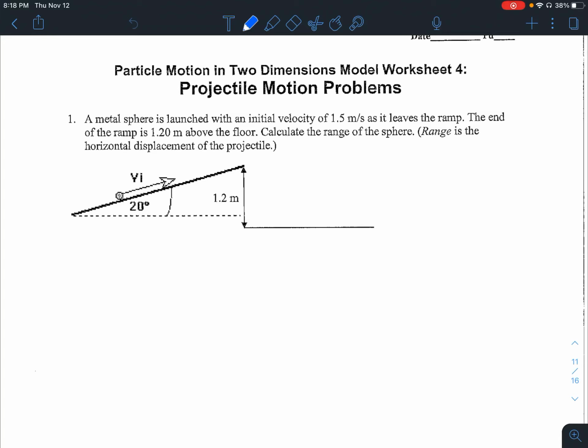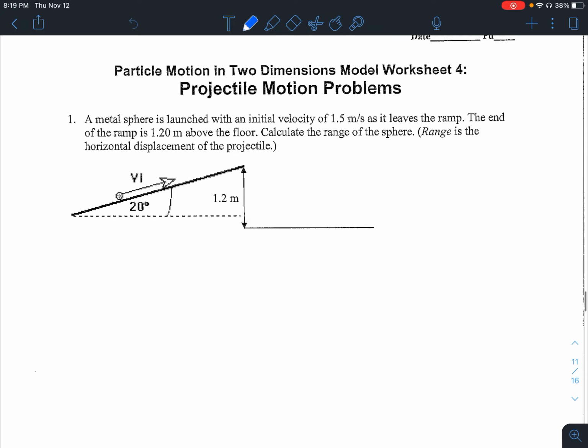I just wanted to walk through a sample problem for you to assist with the projectile motion lab for your angled shot. This is within your packet. It's projectile motion worksheet 4, number 1. So it's a very similar scenario where the ball is going to be launched off this ramp.